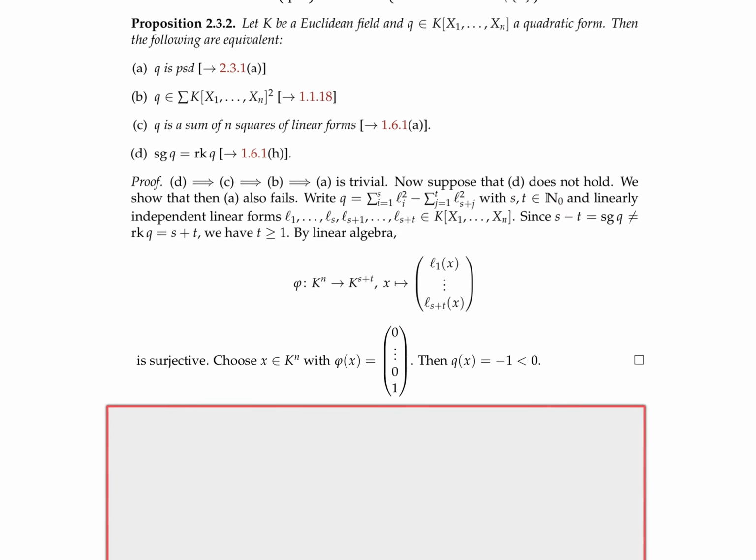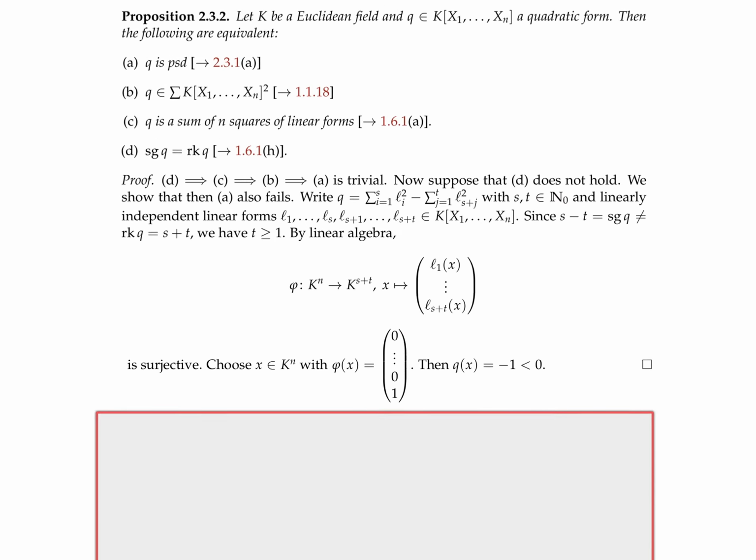And now this is surjective. So maybe we copy this here. So this is surjective. Why is this surjective?